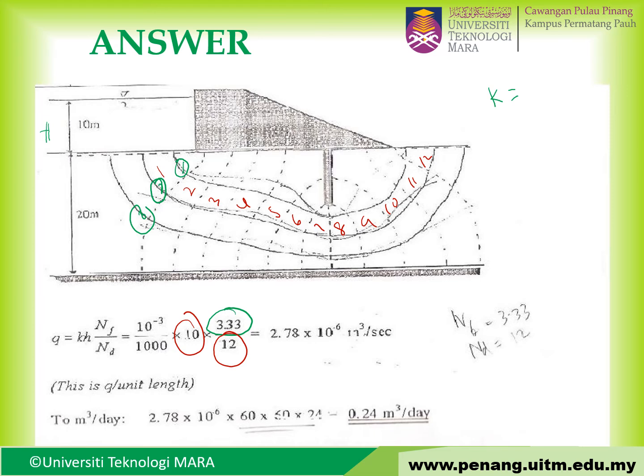Okay, the Q value is this one. To convert to meter cube per day, you have to times with 60. This one is seconds to minutes, to hours, to days. So you will get 0.24 meter cube per day.